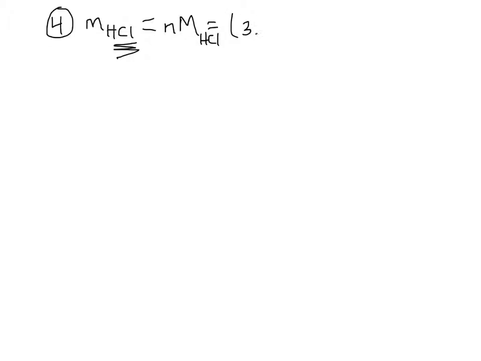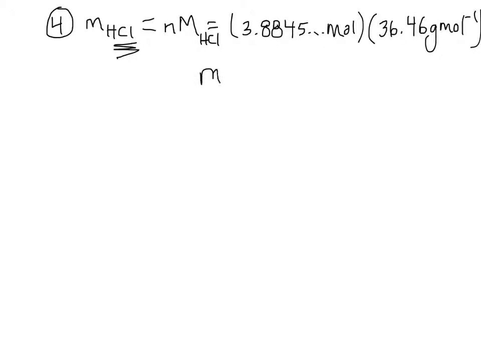So we're taking our 3.8845 moles that we figured out in our last step, and we are multiplying that by the molar mass of HCl, which would be 36.46 grams per mole. That would give us 141 point something something something.